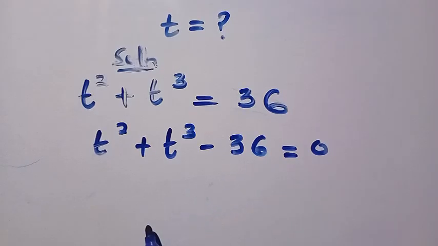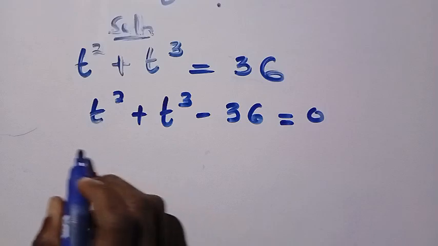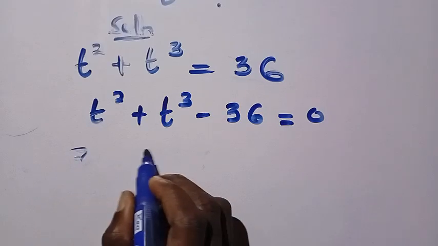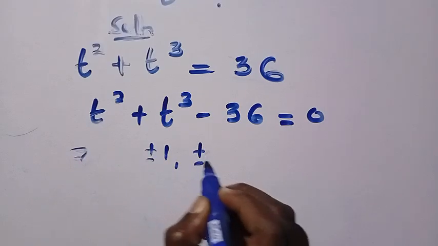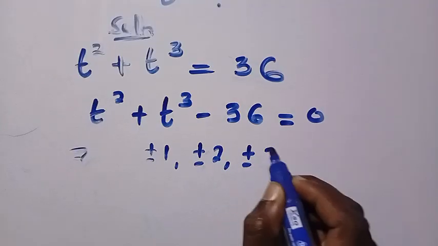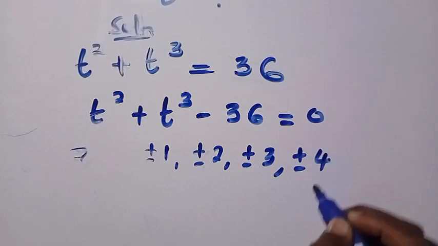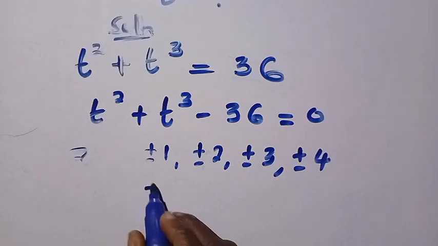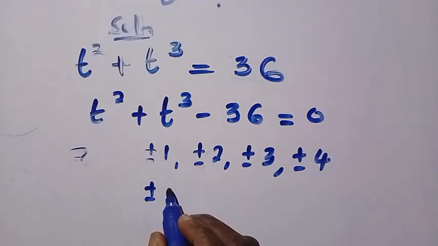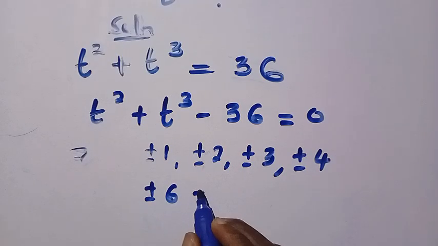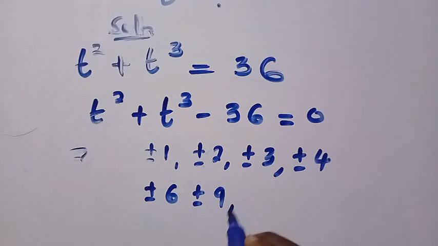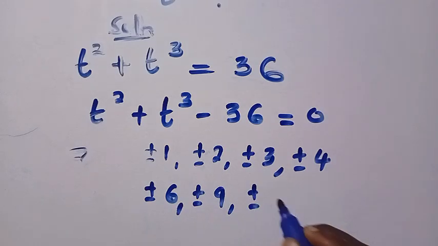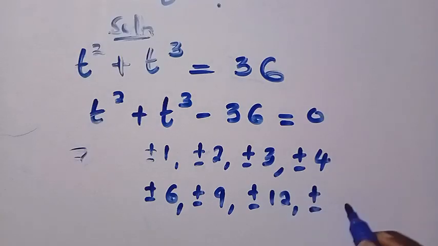Alright, let's consider this 36. The 36 has some possible factors, including positive and negative: plus or minus 1, plus or minus 2, plus or minus 3, plus or minus 4, plus or minus 6, plus or minus 9, plus or minus 12, plus or minus 18, and so on.